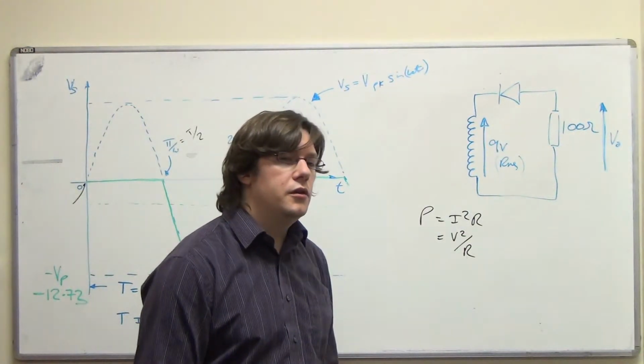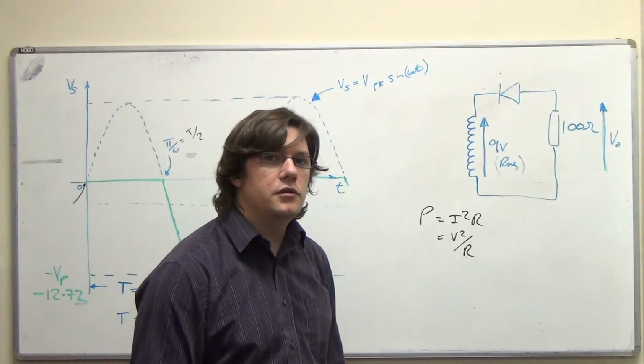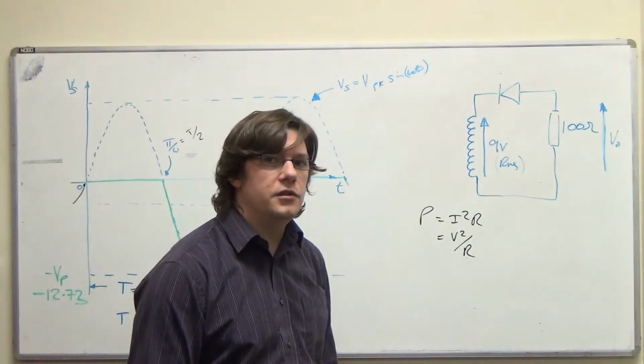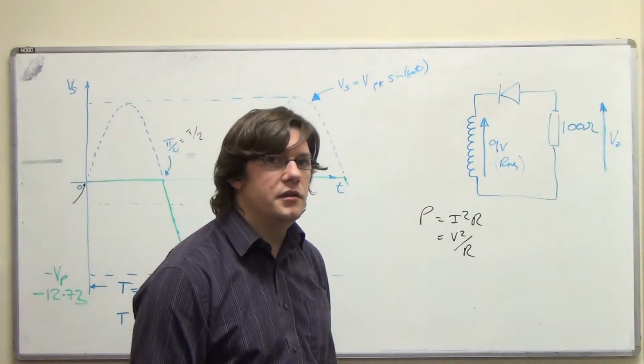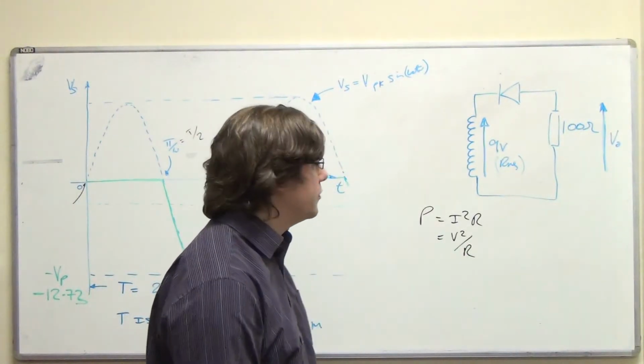Alternatively, you can do RMS current squared times resistance equals average power, or RMS voltage squared divided by resistance is average power, but it's always average power. There is no such thing as RMS power.